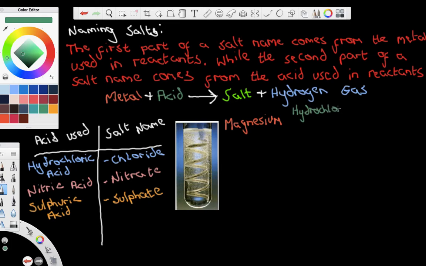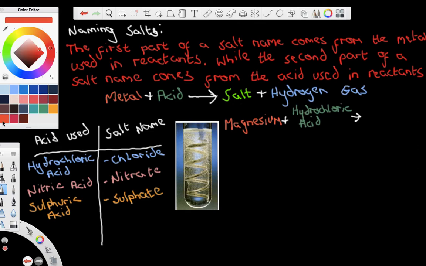Therefore, the salt that we are going to produce, remember we always draw an arrow, not an equal sign, is magnesium, because that's the metal we've used, and we've used hydrochloric acid, so it's going to be magnesium chloride.